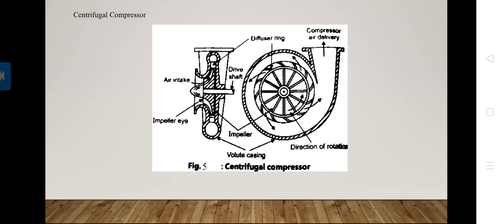These centrifugal compressors handle a large volume of air, and the speed is also very high. Due to the perfect balancing, centrifugal compressors are free from vibration and noise, and there are only a few parts, that is, only the shaft and bearing require lubrication.